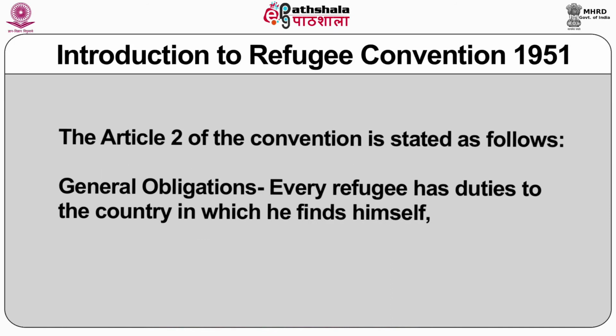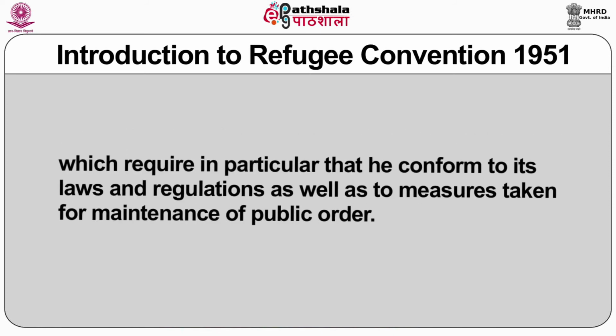Article 2 of this convention goes as follows. General obligations. Every refugee has duties to the country in which he finds himself, which require in particular that he conforms to its laws and regulations as well as to measures taken for maintenance of public order.